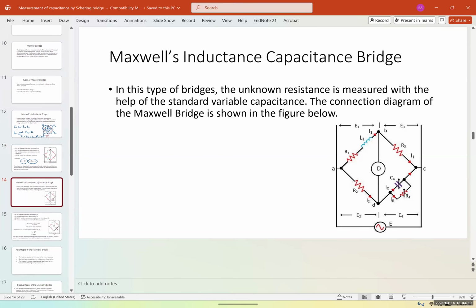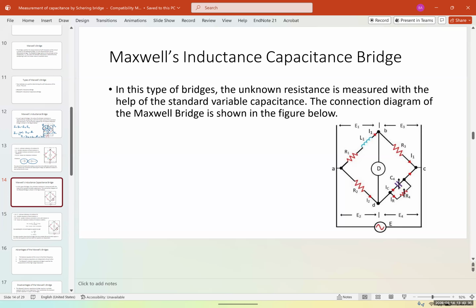Now, another type of Maxwell bridge is called the Maxwell's inductance capacitance bridge. In this, the unknown impedance is measured with the help of the standard variable capacitance.